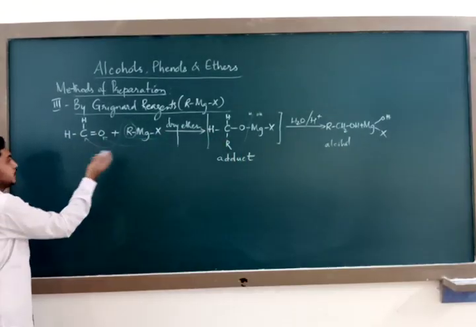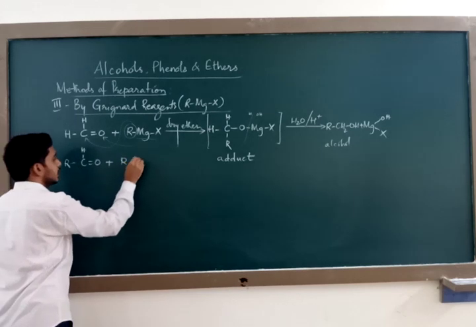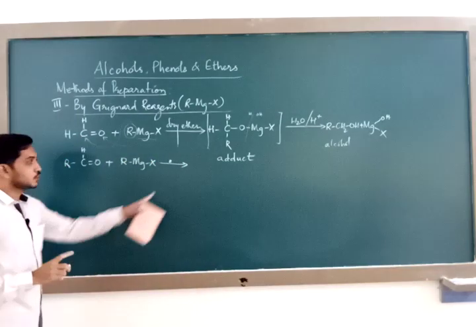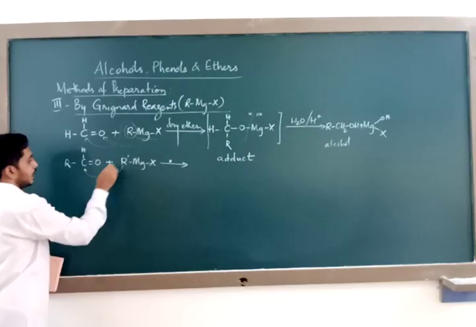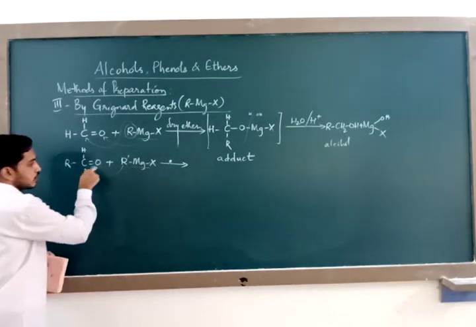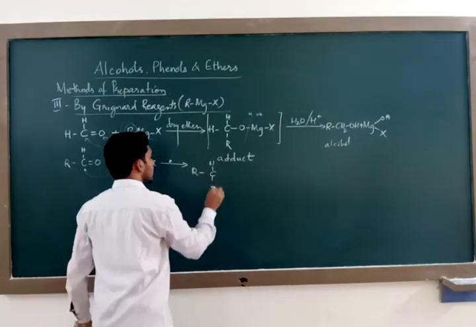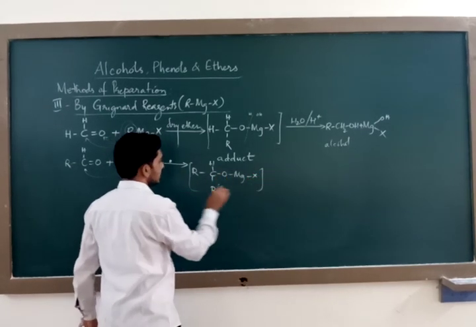So you got alcohol as the product. Other than formaldehyde, choose any other aldehyde, RCHO. React this with a Grignard reagent RMgX in the presence of dry ether again. This should not be forgotten. Attach R' to the carbon and the remaining group to oxygen. Then you will have RCHR'OMgX as an adduct.